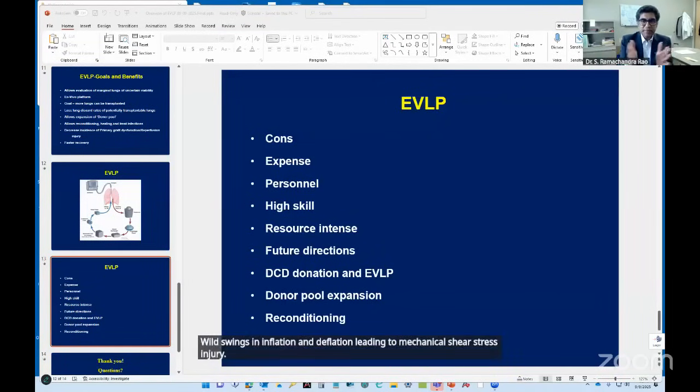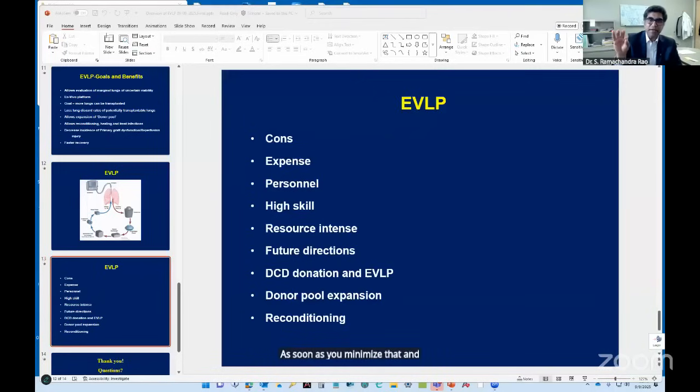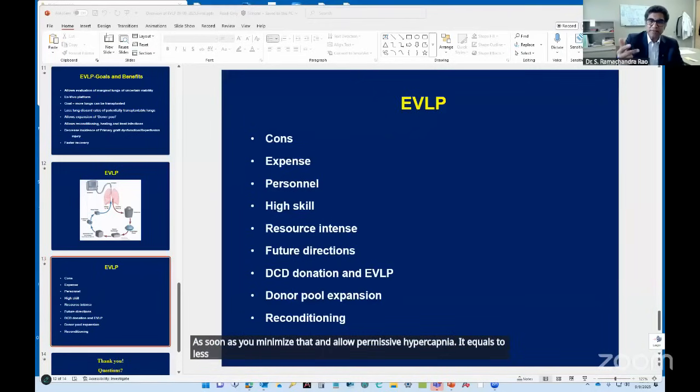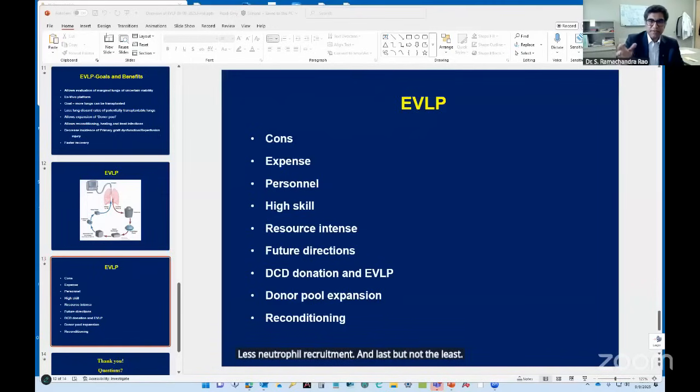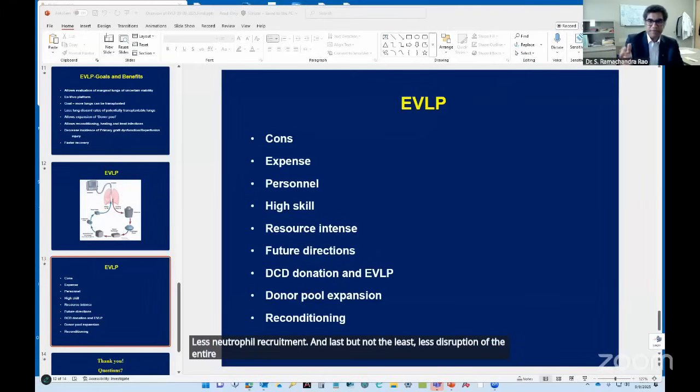As soon as you minimize that and allow permissive hypercapnia, it means less IL-1, IL-2, IL-6, TNF alpha, less neutrophil recruitment, and last but not least, less disruption of the entire airway inflammation as well as endothelial inflammation.